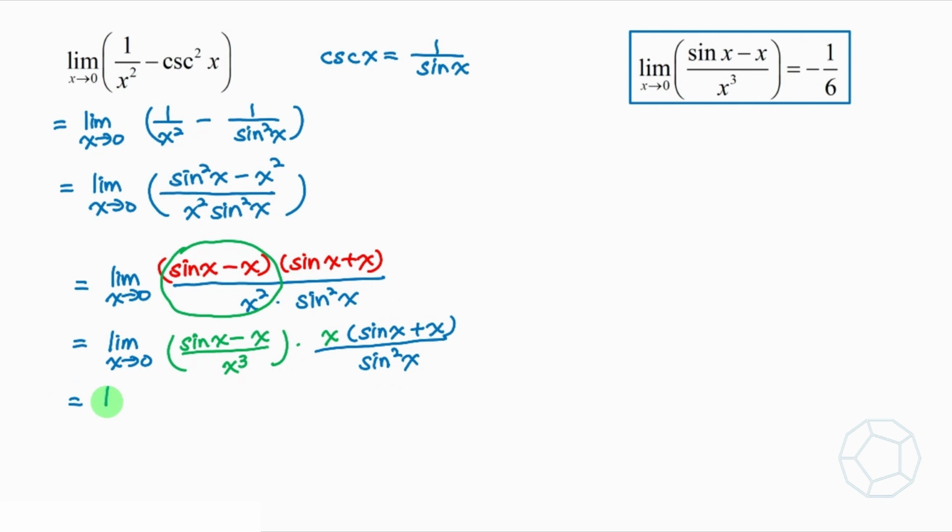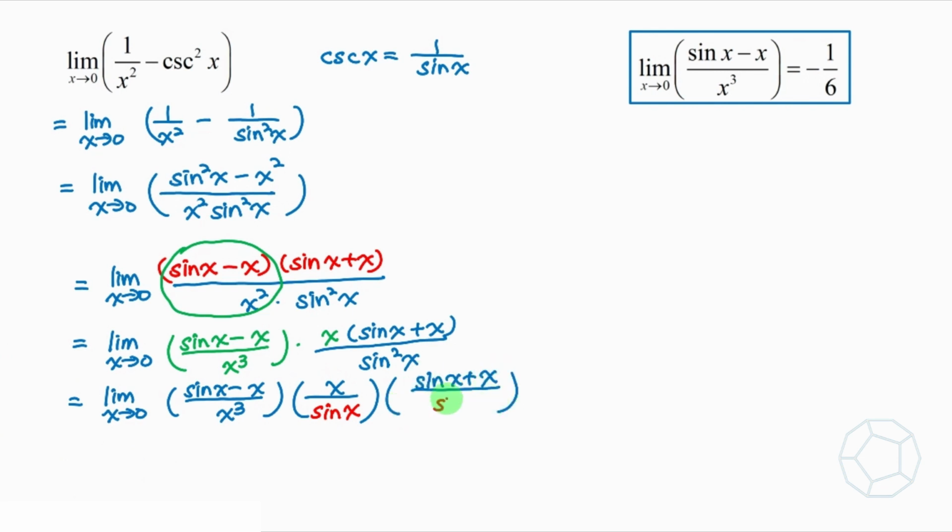Limit x tends to 0, sine x minus x over x cubed times the second bracket x over sine x, and the last bracket sine x plus x over another sine x.